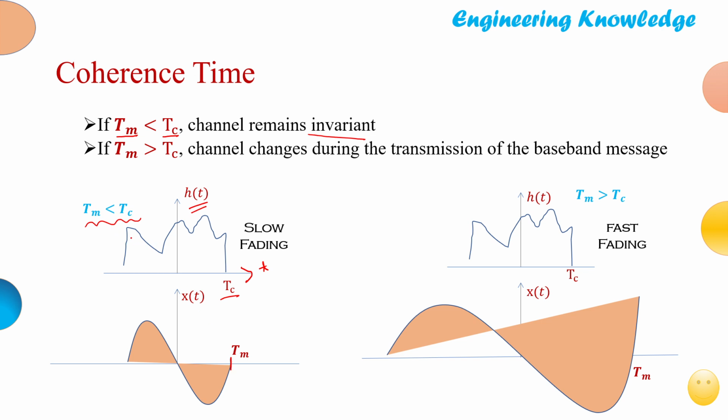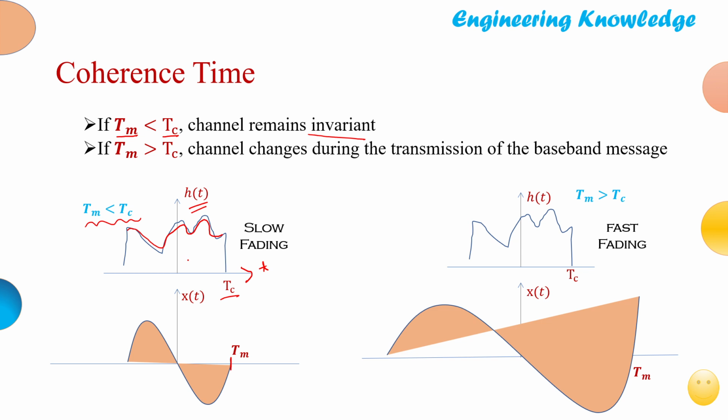Then whatever the variation in the channel, there will be variations. It's not as if it is going to be constant, but whatever variations are there, they will be recorded more coherently, which means they will behave in a similar fashion every time you record the channel impulse response when the signal's time period is smaller than the coherence time.